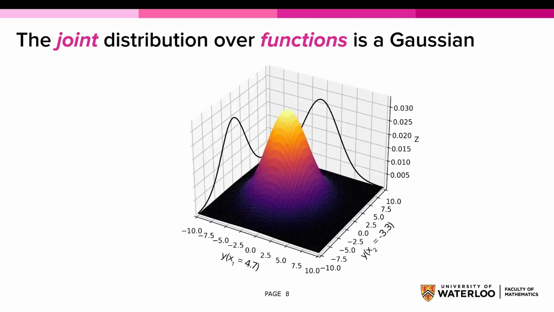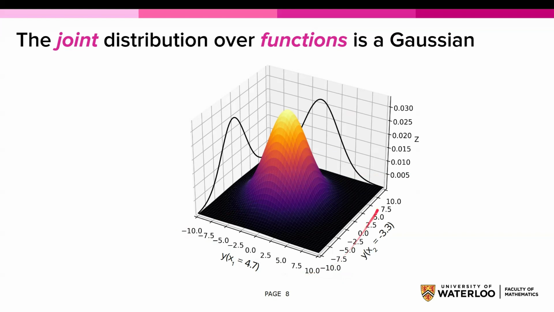Okay, so if the distribution over function values for a single point is a Gaussian, what about the relationship between the distribution over function values at two different input points? If the function value at one input is Gaussian, then the function value at the other input must also be Gaussian.